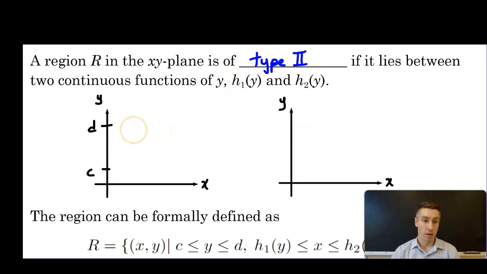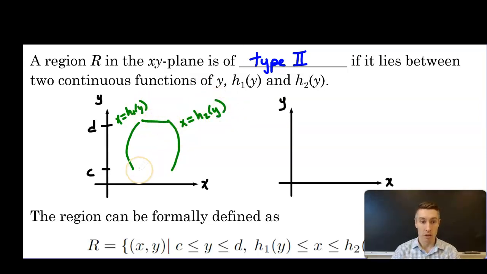Okay, so now let's say we have a graph that looks like this and a graph that looks like that. So this would be x equals h sub 1 of y, and this is x equals h sub 2 of y. Okay, we're capping the region from C to D, right?